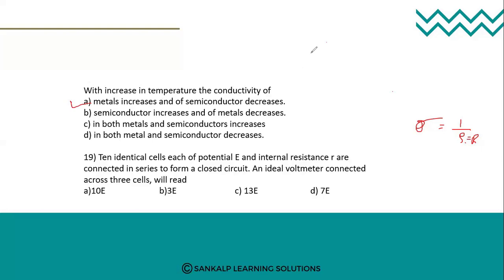So if you remember, in semiconductors, when you increase the temperature, the resistance changes and so, when you increase the temperature, it increases, therefore the conductivity decreases. So option A is the correct answer. Okay, option A. While the semiconductor decreases. So question number 19, C.